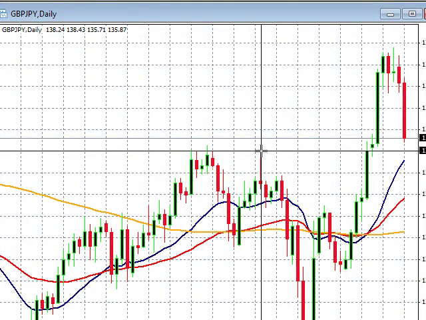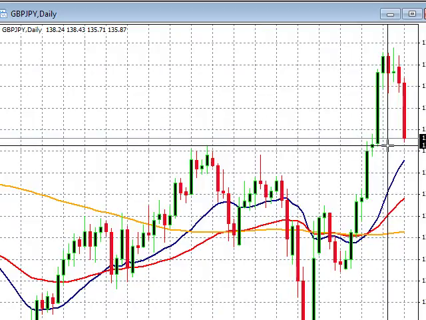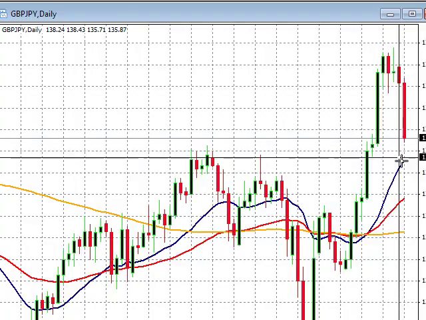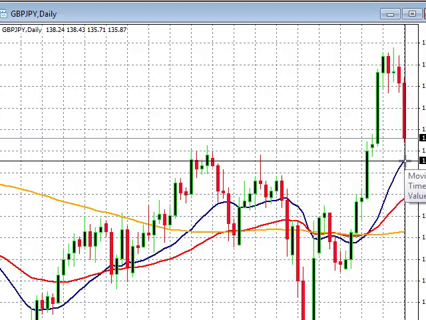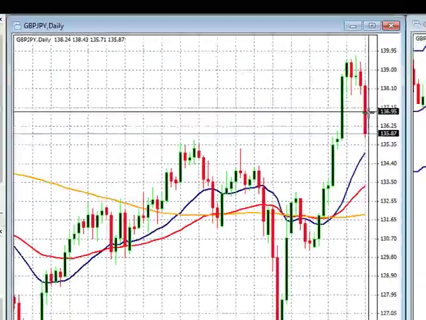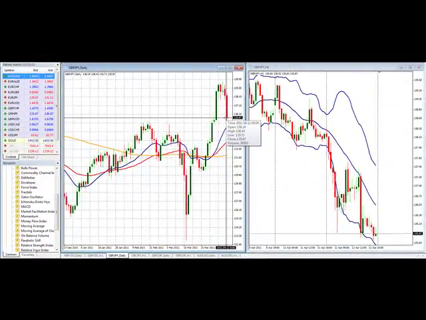So I do think there is a trade down to the 20 moving average. There's about 40 or so pips there. If you wanted to be aggressive, you can put an alert below the low here and see if we can get a run to the 20 moving average at least, if not more. But that is aggressive. After this big down day, certainly we want to let the pair breathe.